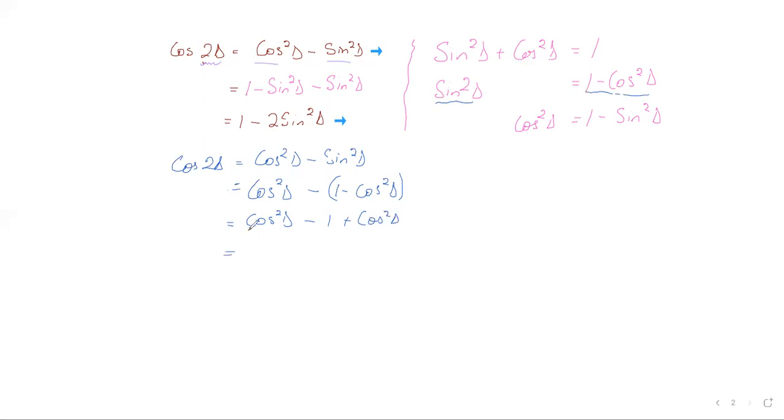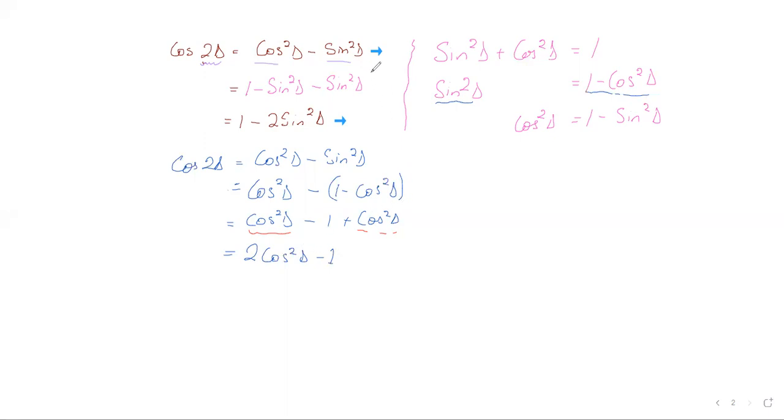Now, like terms, cos squared and the cos squared here. It was twice cos squared d minus 1.